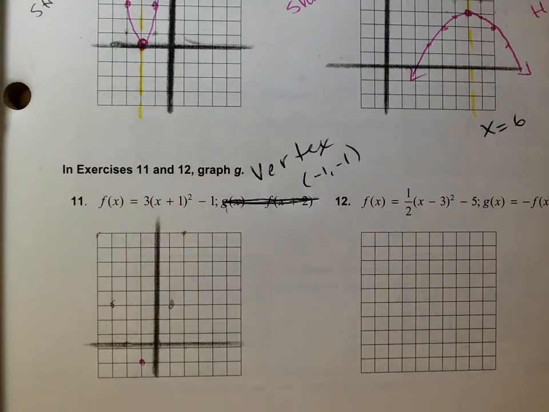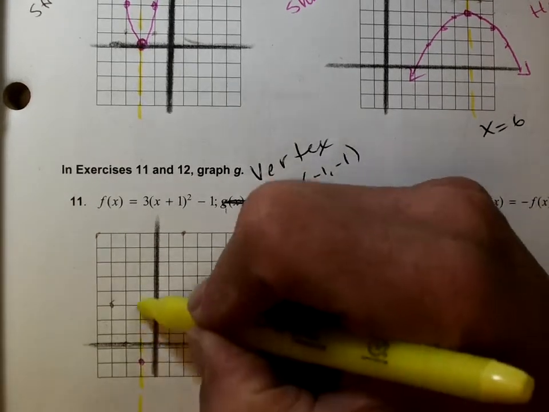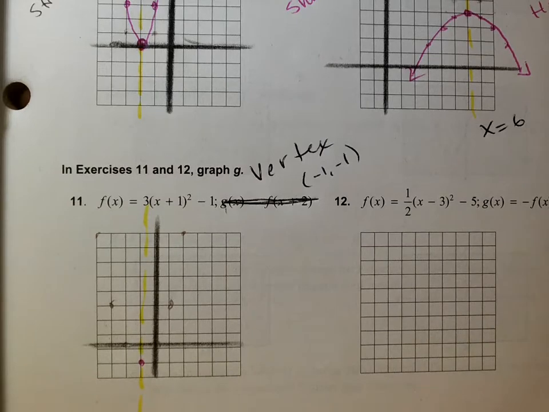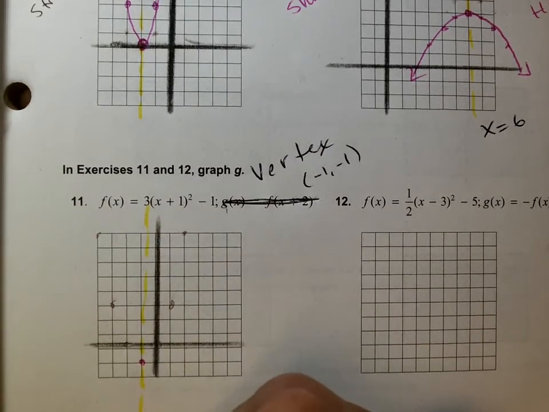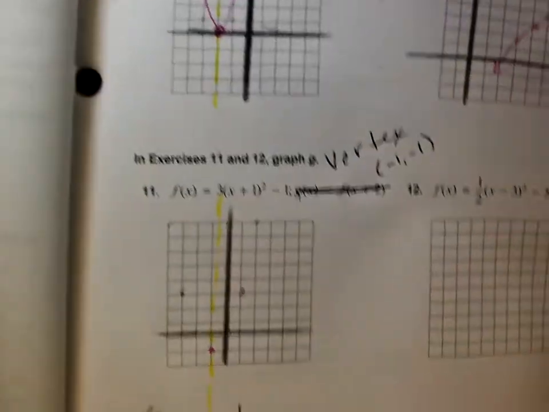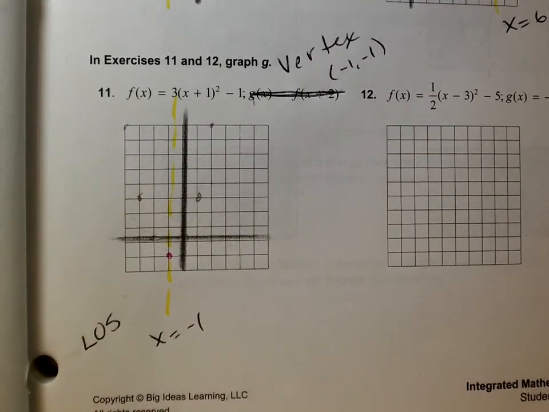But I'm not graphing that one at all, because I got to go 3 times as high, right? So let me put in my line of symmetry. My LOS, line of symmetry, is at x equals -1, right?